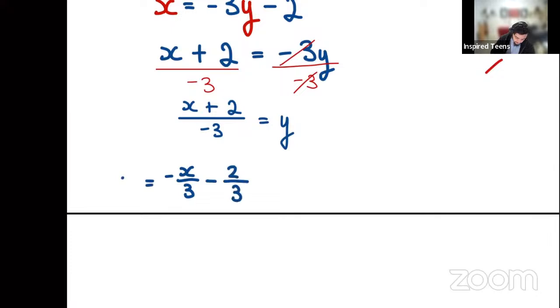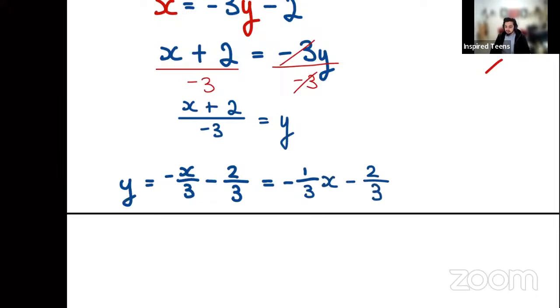Okay, I can write y on the side also. It doesn't really matter. I'm just swapping it, not taking it over to the other side. And if I want to simplify it a little bit more, I can express this with a coefficient to express the gradient: negative 1 over 3 x, minus 2 over 3.